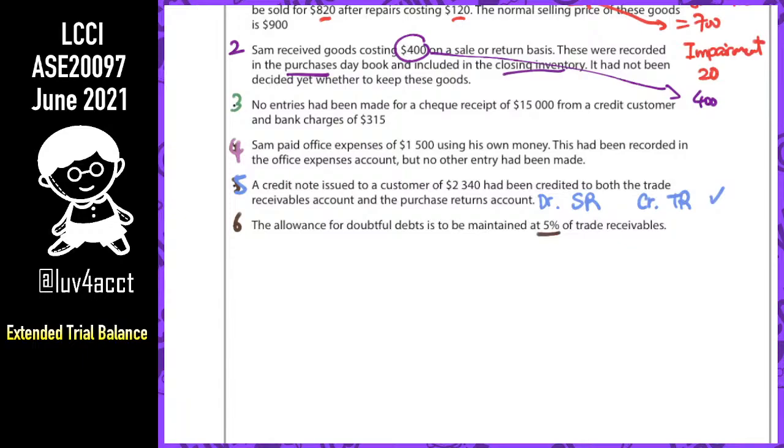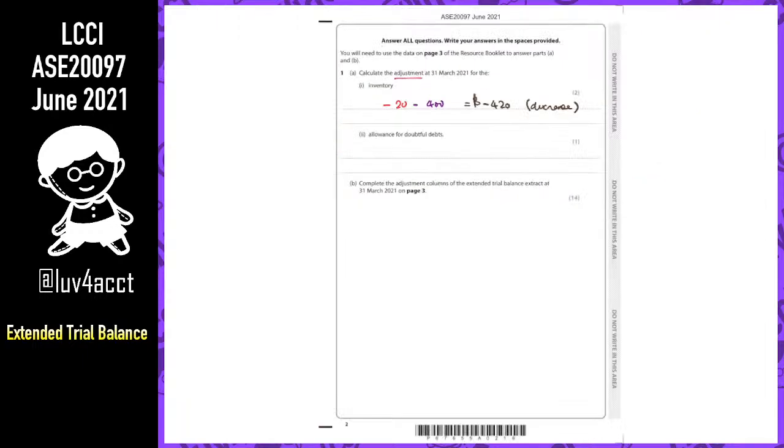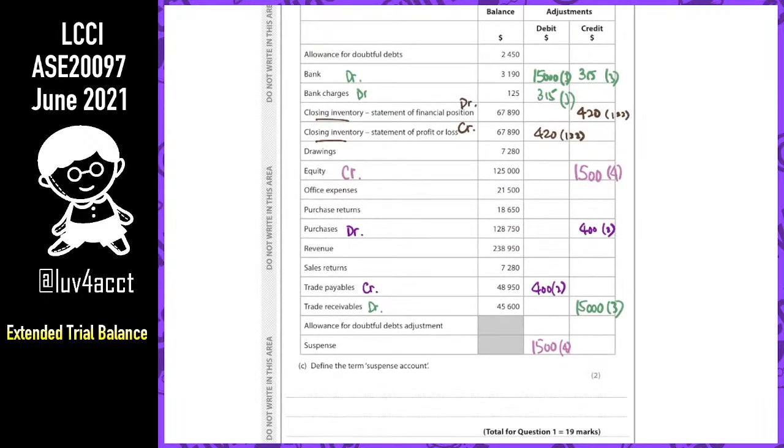The credit note issued has been credited to both trade receivables, which is correct. But then you also credit purchase returns 2340, so it is incorrectly credited. So you will do this for purchase returns, 2340.